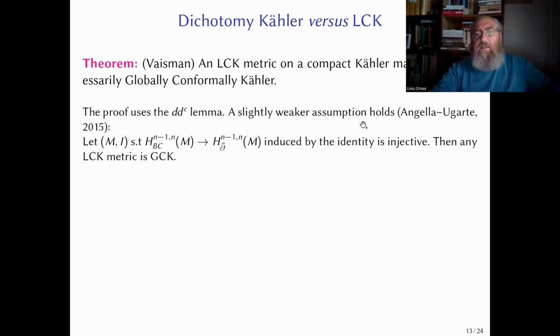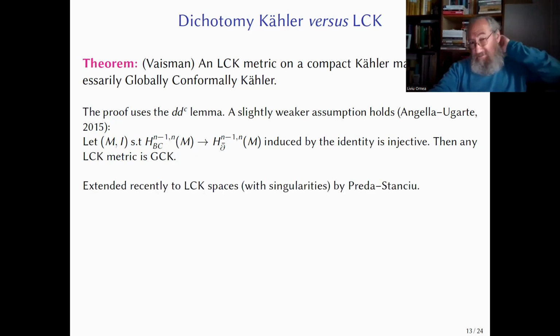which was then generalized a bit by Angella and Ugarte in this way, using Bott-Chern cohomology, the natural map from Bott-Chern to Dolbeault cohomology. It's a bit of a generalization of the DDbar lemma. The whole theory of LCK manifolds was extended to spaces with singularities in a series of papers by Preda and Stanciu.